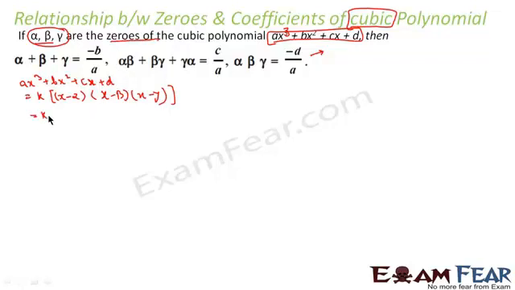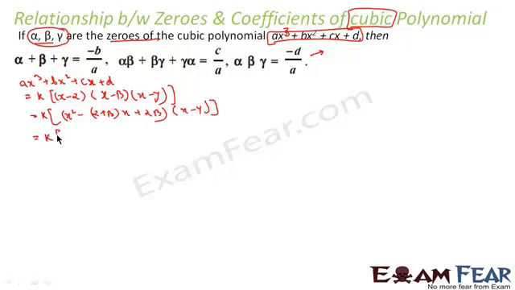If you see, this becomes k into this. We already know x minus alpha into x minus beta is nothing but x square minus alpha plus beta x plus alpha beta. Correct? This thing into x minus gamma.